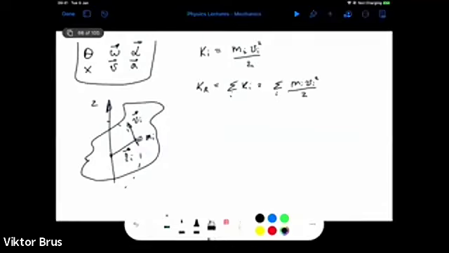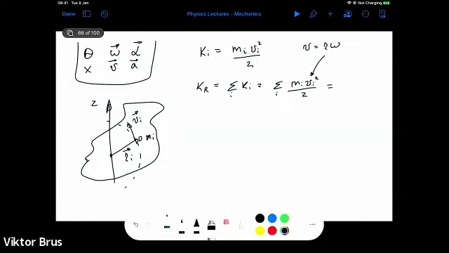So we now need to take into account what we discussed quite early in our course and also last time, the relationship between linear velocity and angular velocity: v is equal to r omega. Now we substitute it here, and what do we get?